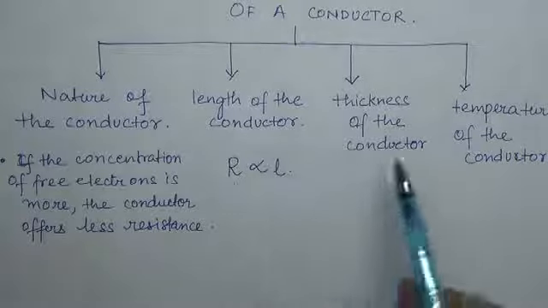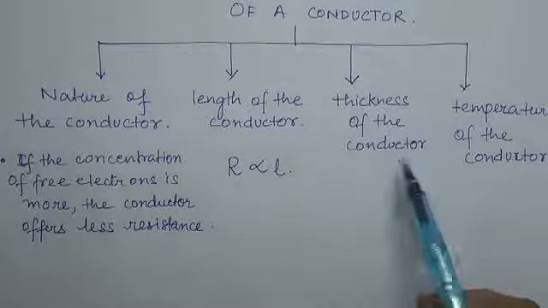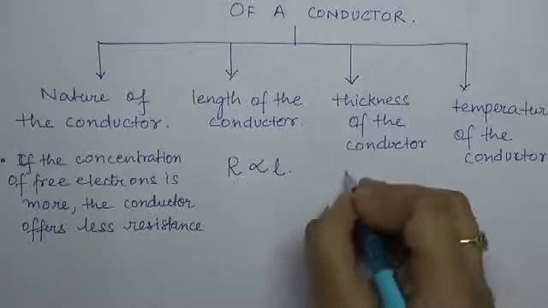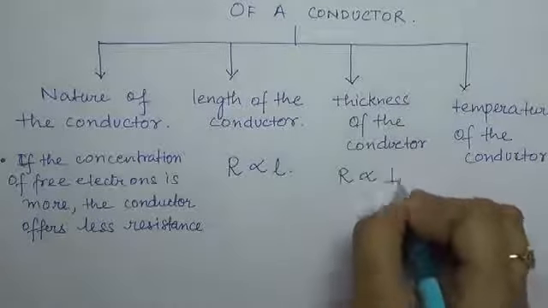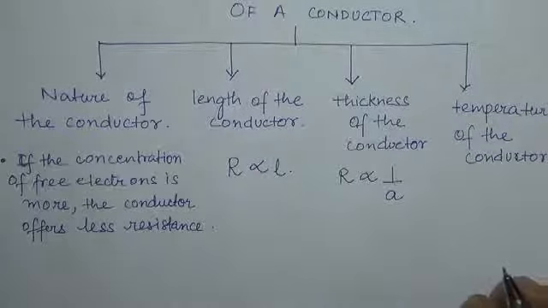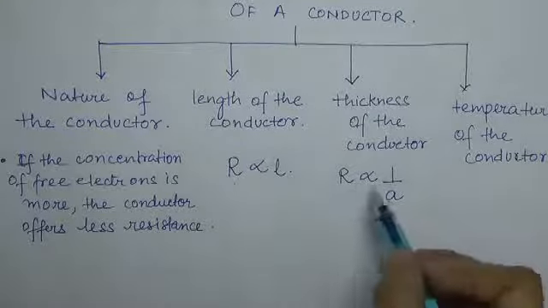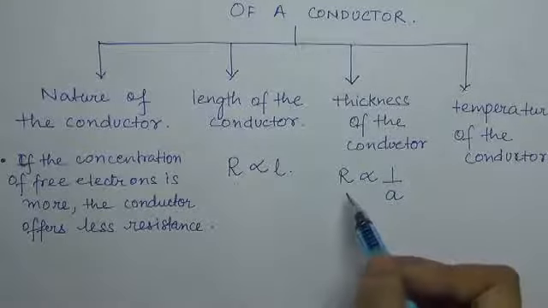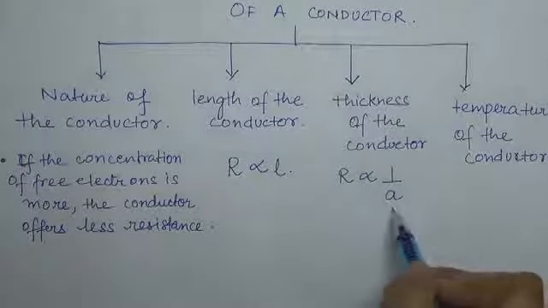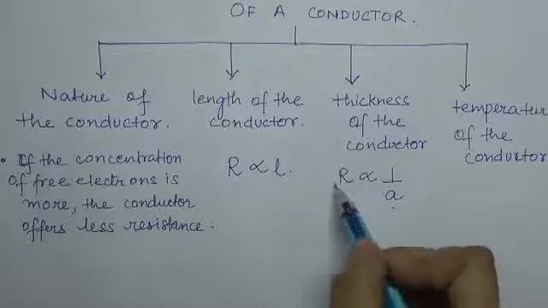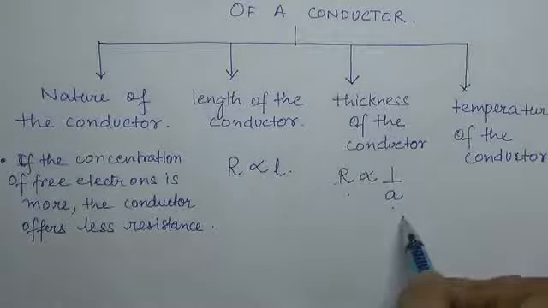Okay, directly proportional. Next is thickness of the conductor. How is it dependent on the thickness? Resistance is inversely proportional to the area of cross section of the conducting wire. So the greater the area, the lesser the resistance. Inversely proportional to each other.